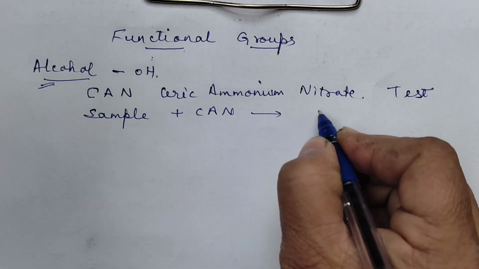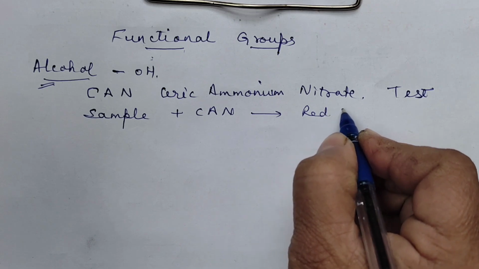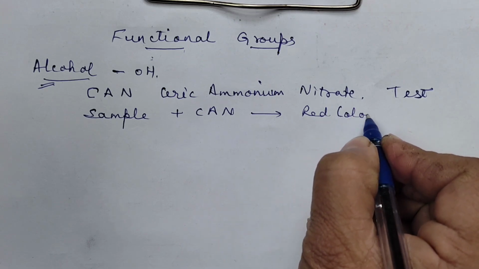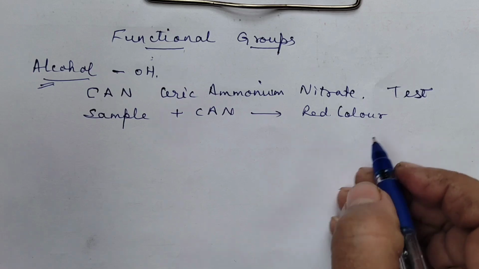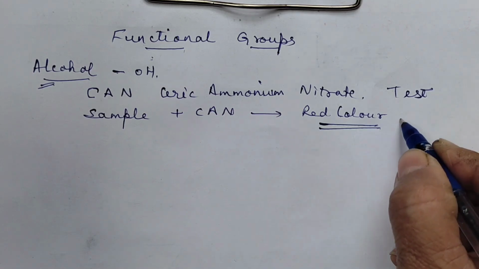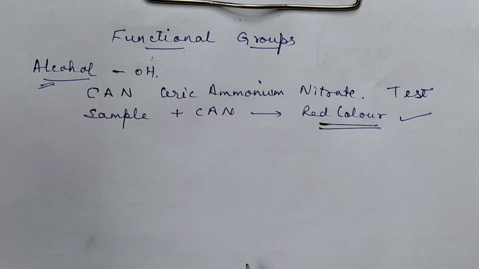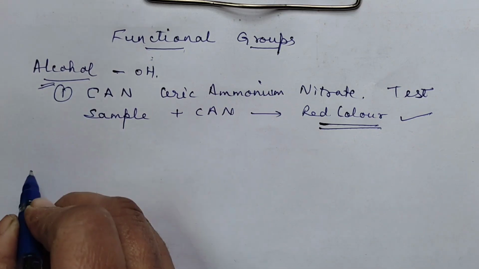When you add it, you will get red color. It's not actually red color. The color of this CAN is slightly orangish yellow. So when you're adding, you can see in that solution a reddish tinge. The appearance of the reddish tinge confirms that alcohol is present. Right, this is the first test for alcohol.